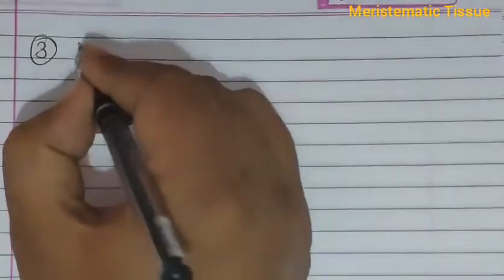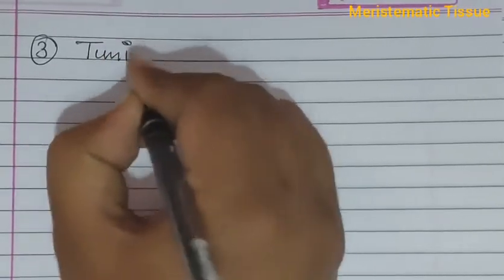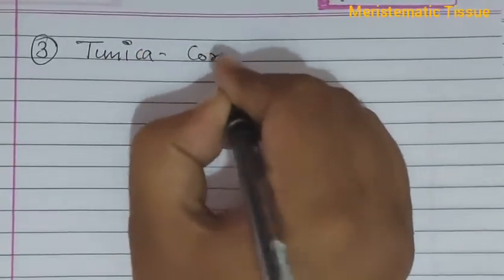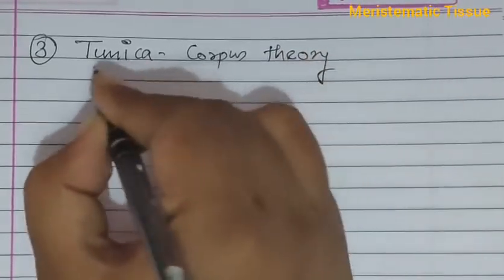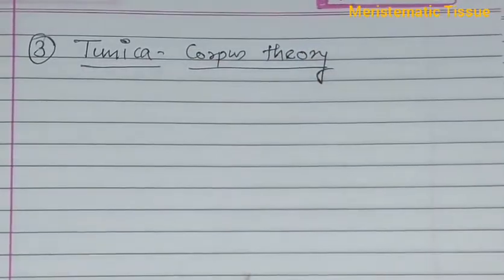The third theory of shoot apex organization is the tunica corpus theory.